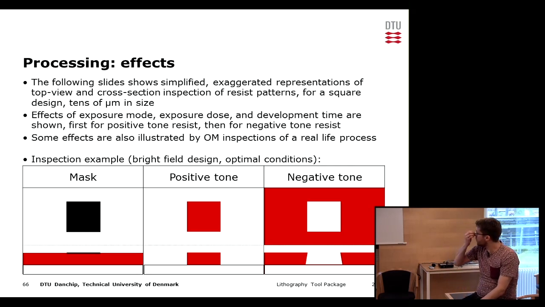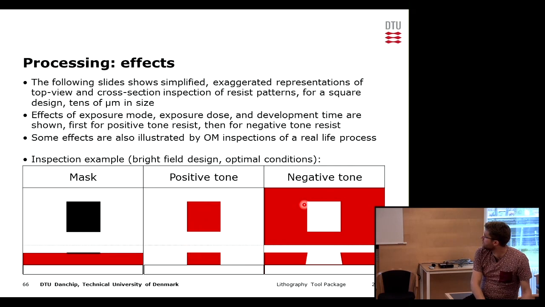So what I have here is an example that shows bright field design. So we have a square which is filled in the center. So the chrome would be the black here. And then you can see down here in the cross section, you can see the chrome layer on top of the resist. And then we can see for a positive tone, we get a nice square, and we get nice square profiles as well.